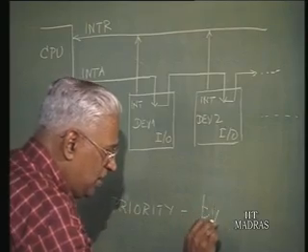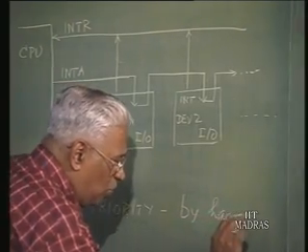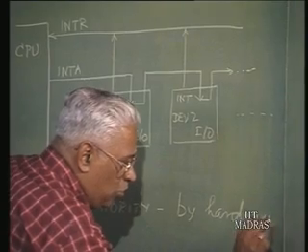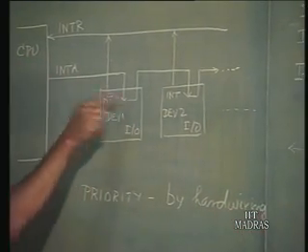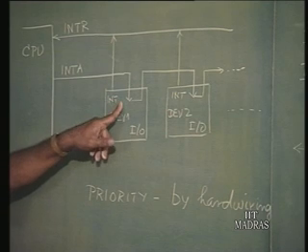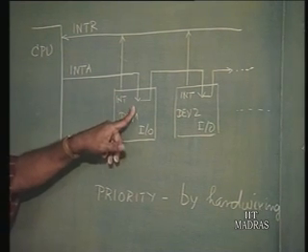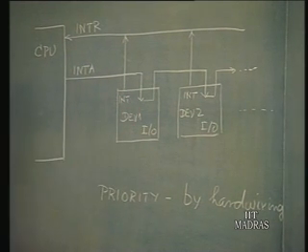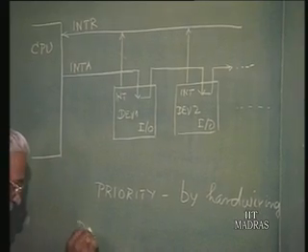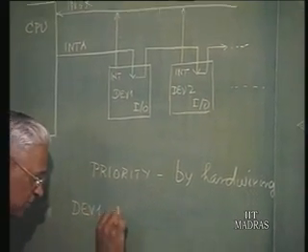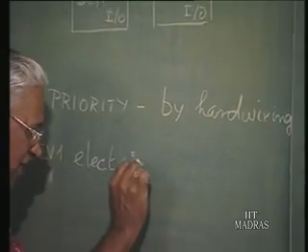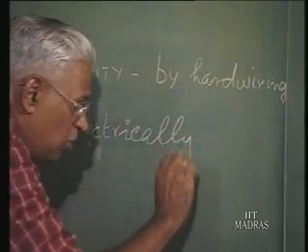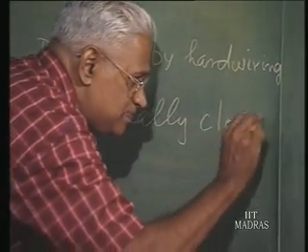By hard wiring, because it has been hardwired this way. The acknowledge first goes to this point, electrically. So, we also say that device 1 is electrically closer, because of the hard wiring. The device 1 is electrically closer to the CPU.